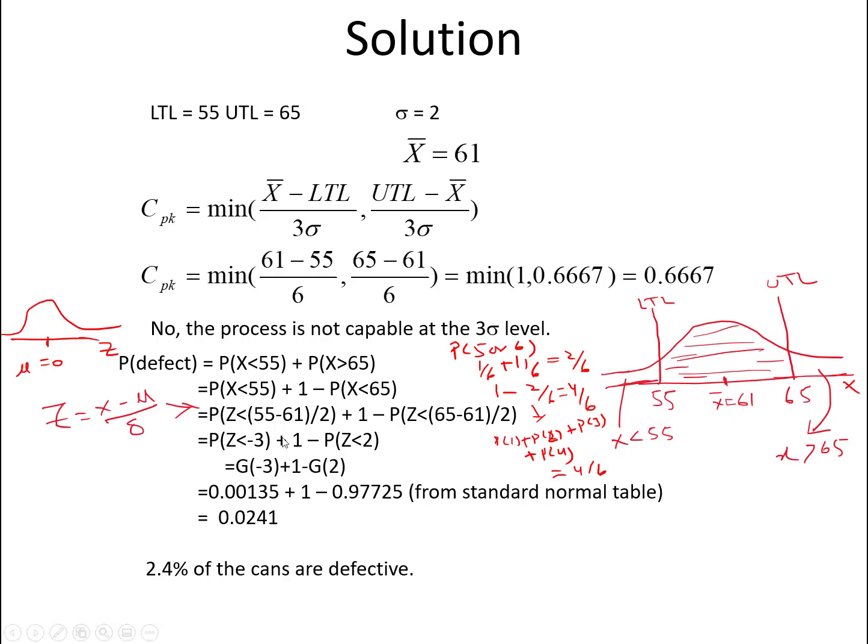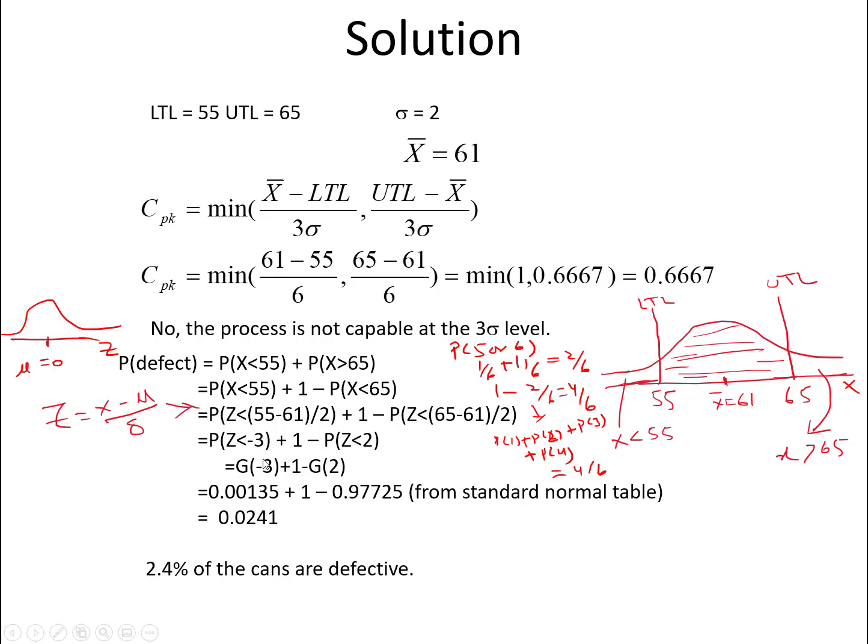So when we transform this, we put in these values. x is 55 minus mu, which is 61, the mean, divided by the standard deviation, 2. Plus 1 minus the probability of z less than 65 minus 61, where 61 is the mean, divided by the standard deviation 2. When you simplify it, it will be the probability of z less than minus 3 plus 1 minus the probability of z less than 2.